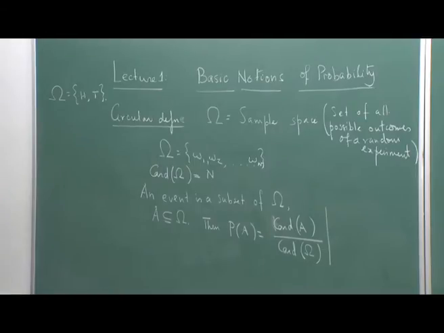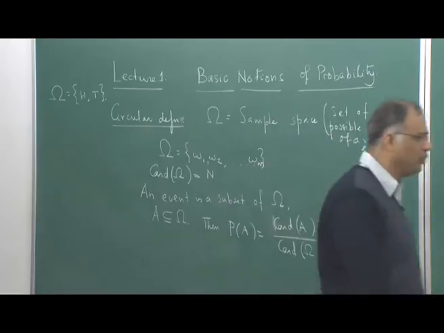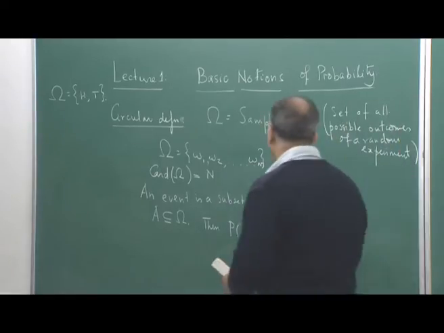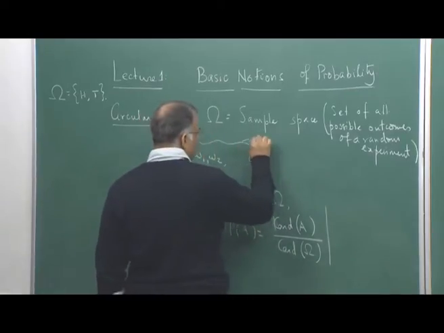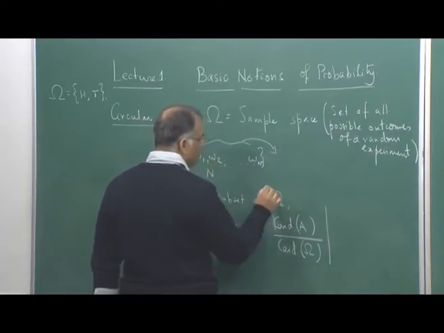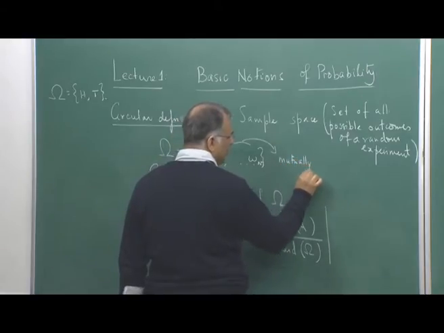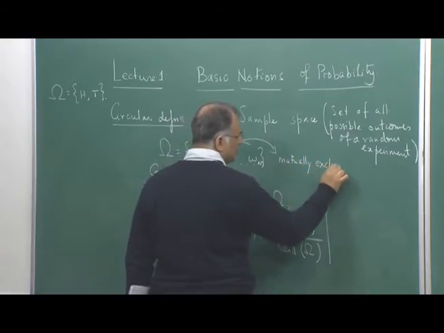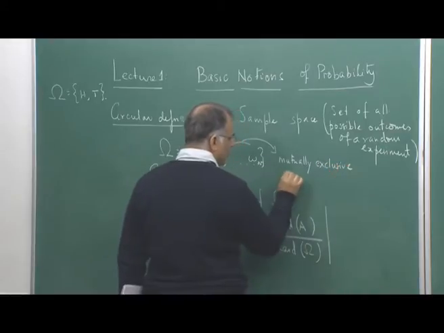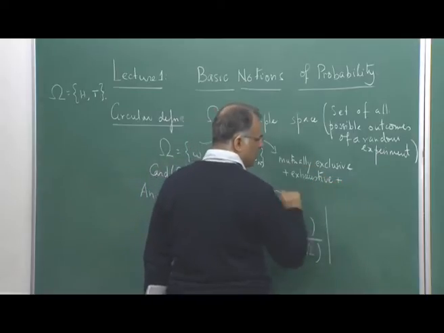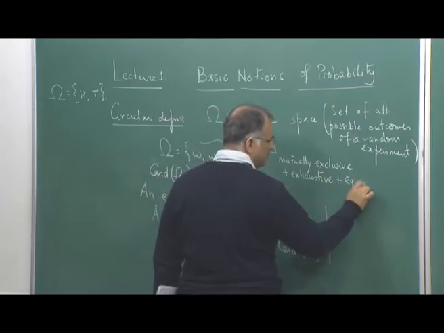The first flaw is that we assume, or we mention the term, which I will now write again, that all these outcomes are mutually exclusive plus exhaustive, they are the only ones, plus equally likely.